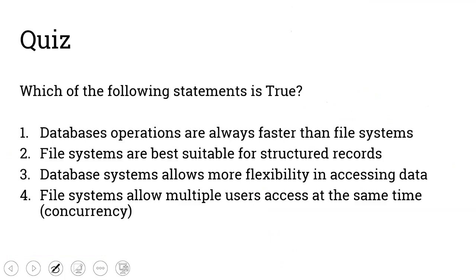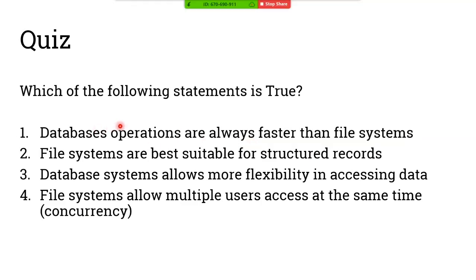Which of the following statements is true? Database operations are always faster than file systems. Well, that is not always true. For simple operations like just reading the data, if you want to read the entire table, because there are no overhead operations on it, you will always get the data faster from the CSV file. The place where a database comes in is complex queries.